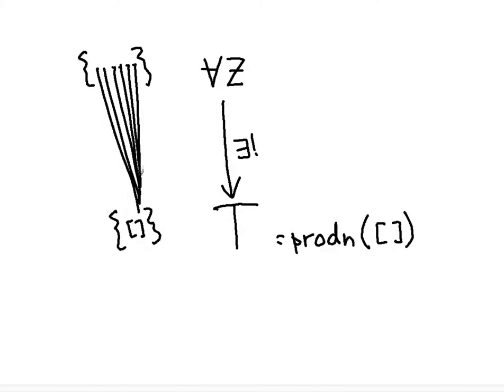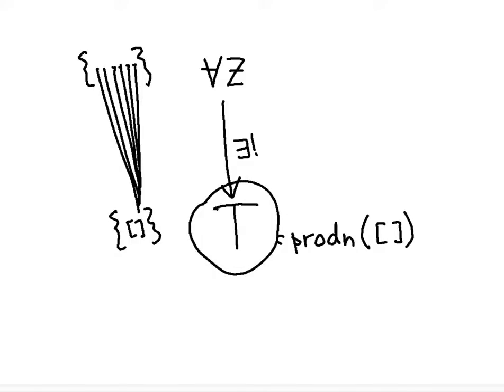No matter what you provide for Z, this is the constant function that spits out the empty list. So there really is a unique one that can go to it. And I've used the letter T because in category theory this is called a terminal object. There's a morphism from every other object into this one. It's like the end of the line.